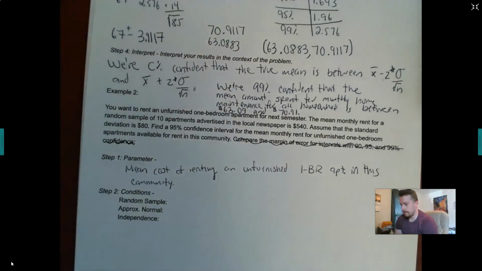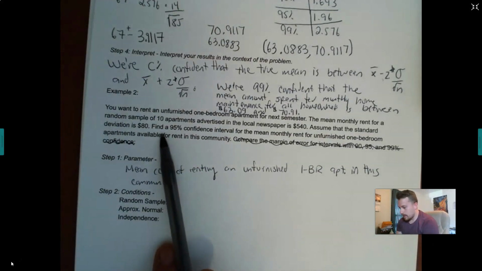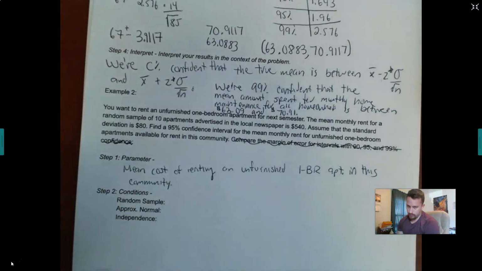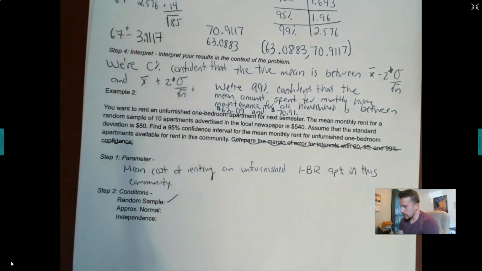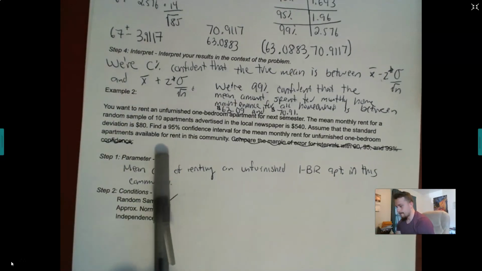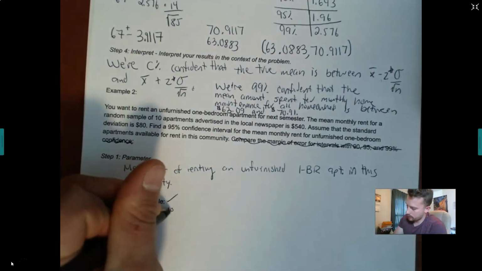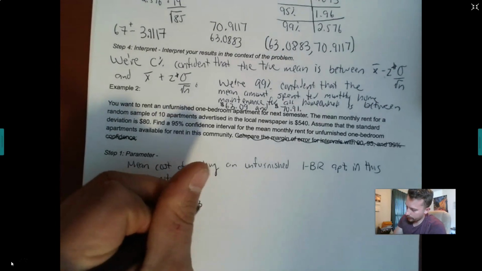So is this a random sample? Going back to our conditions. Well, it says it's a random sample. So we're going to say yes. Does it say anything about being normal? No. Is n greater than or equal to 30?